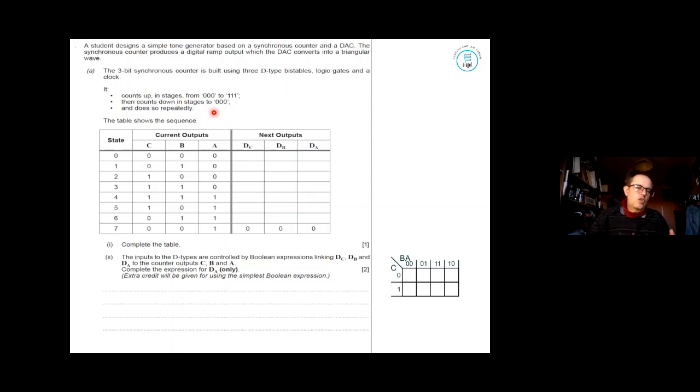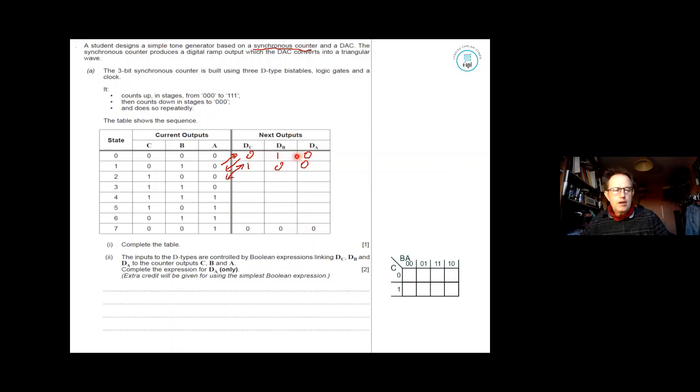Right, now this is where I was talking about the main sequence, being able to draw what comes next. If someone gives you a synchronous counter and asks you to design it, in this particular one, the truth table has been given already for you. You have to fill it in. But the key thing is this: whatever is on the second line is on the next output.